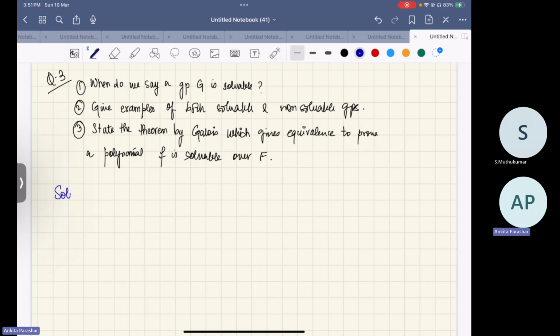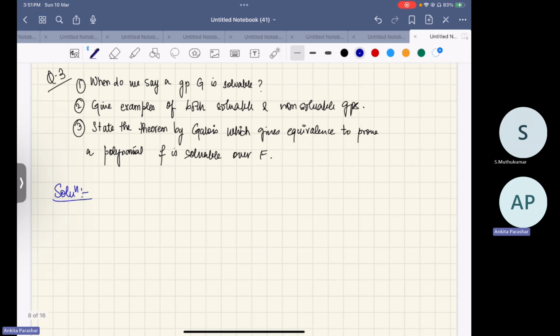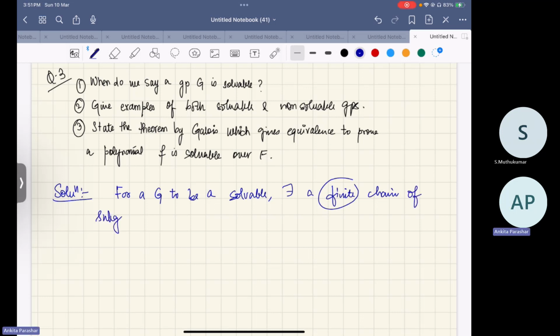Let me write it; I think it will be easier. We should have a finite chain. The precise definition is that for G to be solvable, there exists a finite chain, or tower, of subgroups, G0 containing G1, and so on, up to Gn equal to G, such that all the Gi are normal in Gi+1.